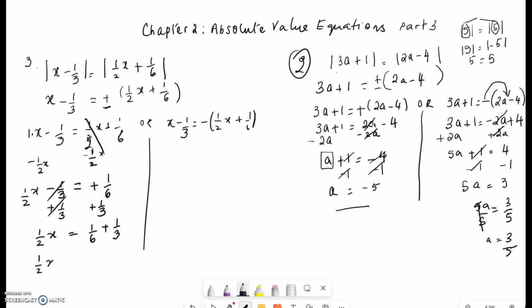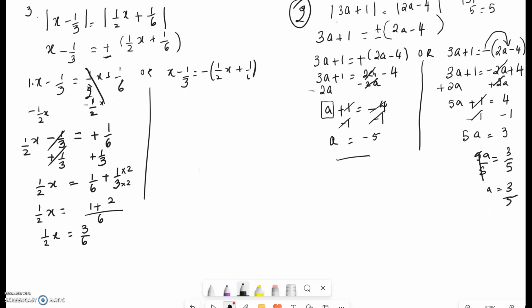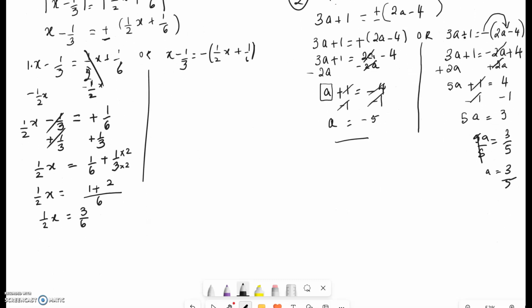So half x is equal to, we multiply the denominator by 2 and the numerator by 2 just to make the common denominator of 6, and we get 1 plus 2. So half x is equal to 3/6. 3/6 is nothing but half.